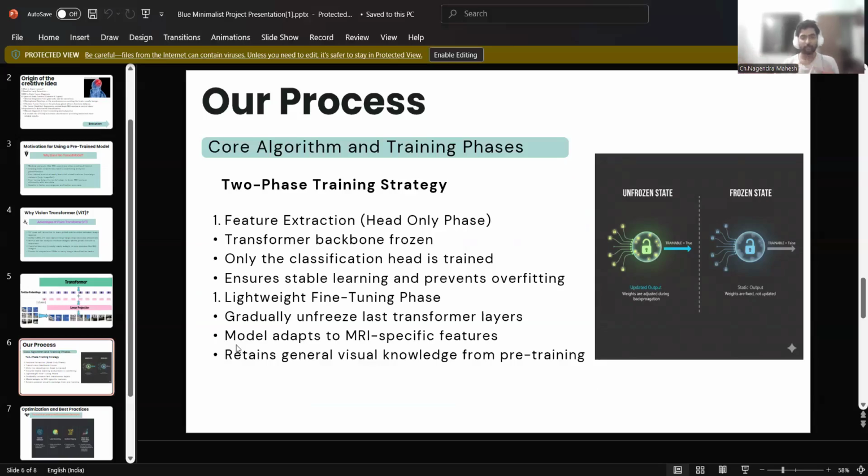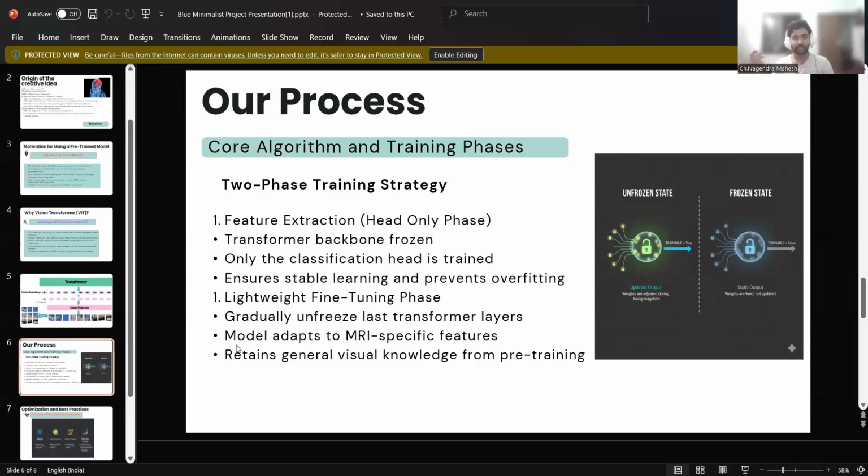Since we have a very small amount of data, this prevents overfitting. If we train the entire neural network on this small data set, it will lead to overfitting and poor generalization. So we freeze the entire network and train only the head.